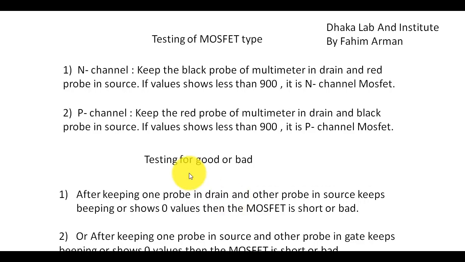For N channel, you have to keep the black probe of the multimeter on the drain and the red probe on the source. If the value shows less than 900, you can say it is an N channel MOSFET.